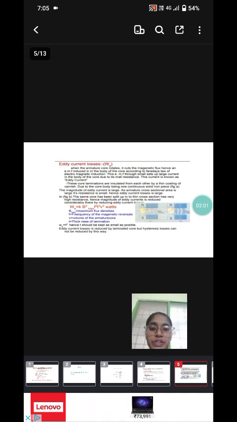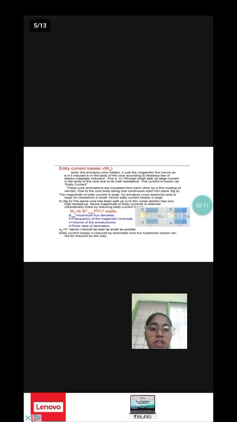The core laminations are insulated from each other by a thin coating of varnish. Due to the core body being one continuous solid, the magnitude of eddy current losses is large, as the armature core cross-section area is large itself.